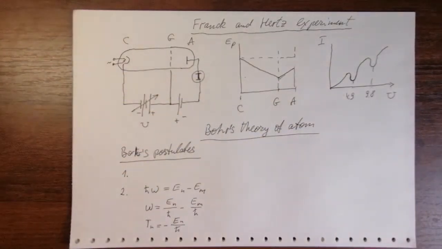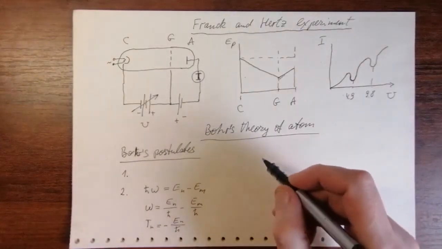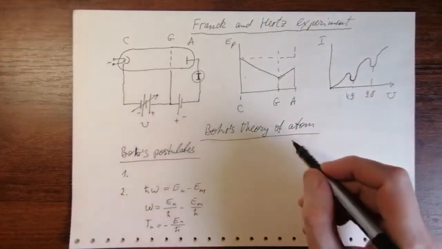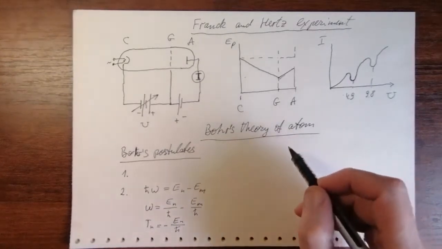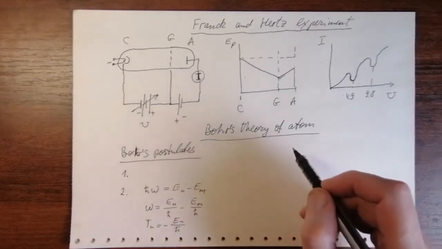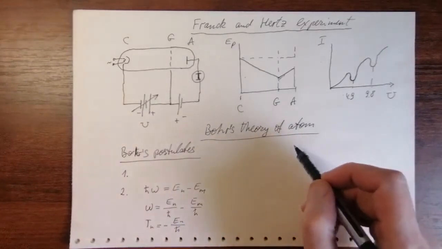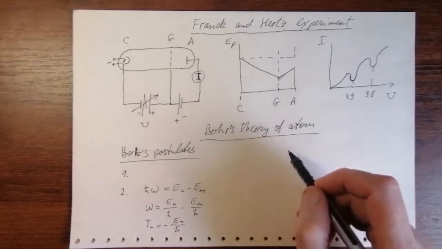Now this Bohr theory is partly classical and partly quantum, because it is based on some classical mechanical laws of motion of electron around nucleus in atom.